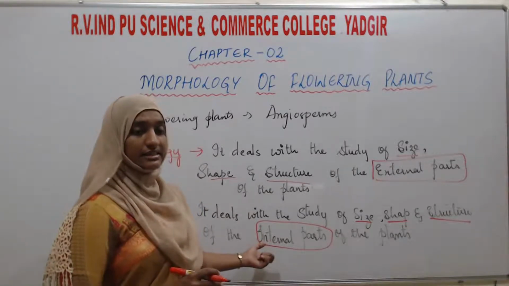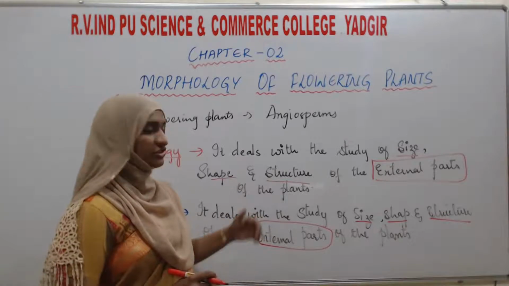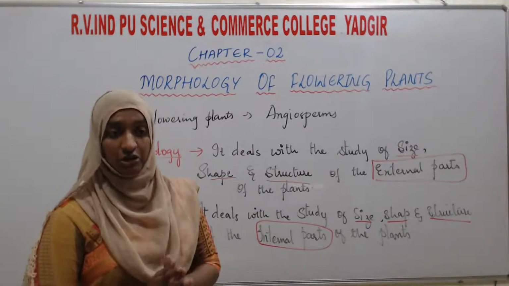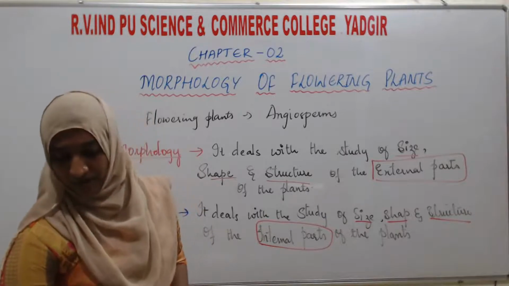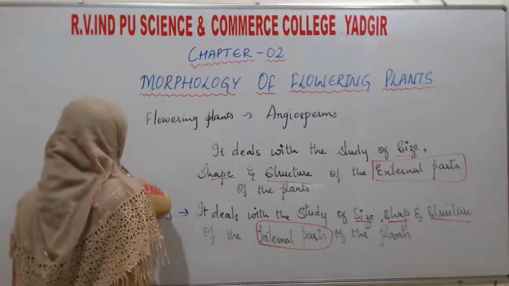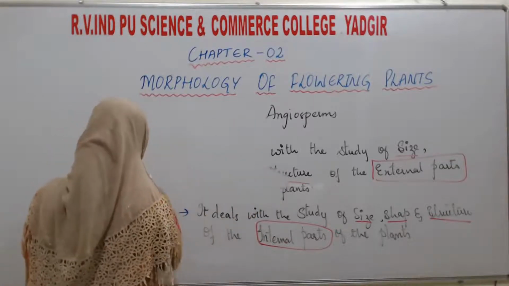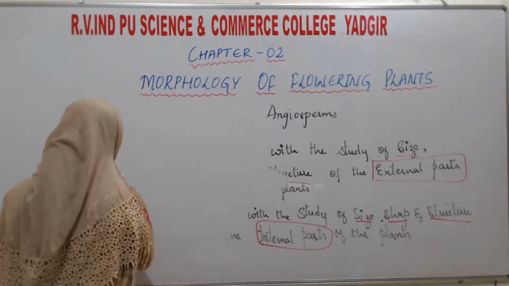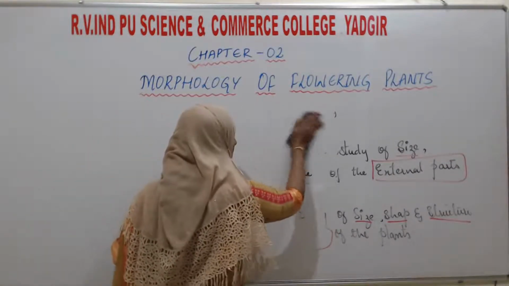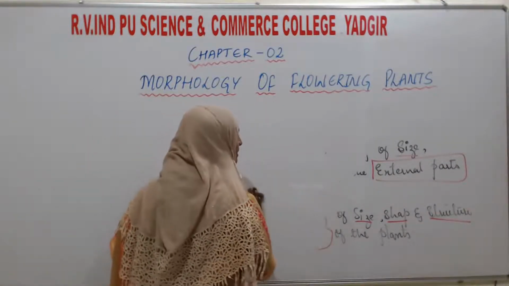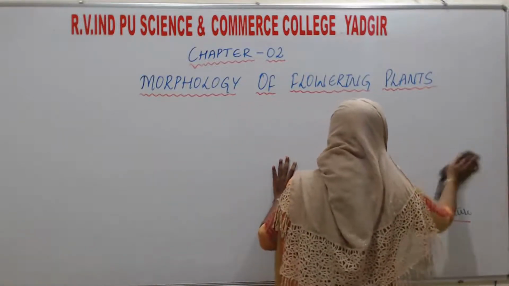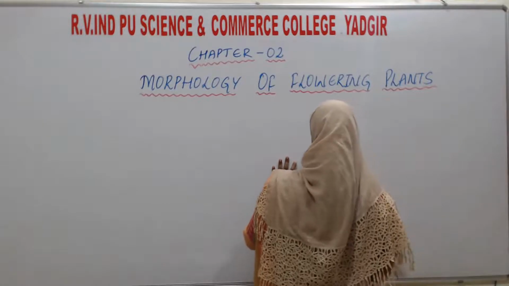External parts means we will see here the morphological structure of the flowering plant. This is the definition of morphology and anatomy. Morphology is the study of external parts, and anatomy is the study of internal parts.